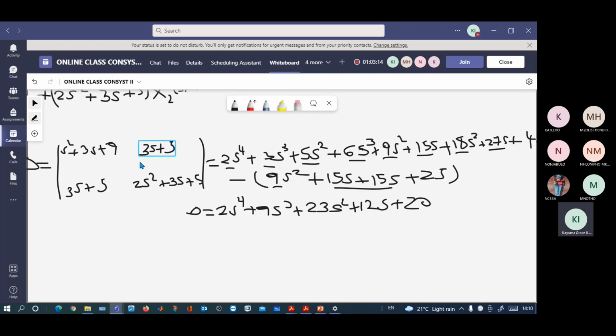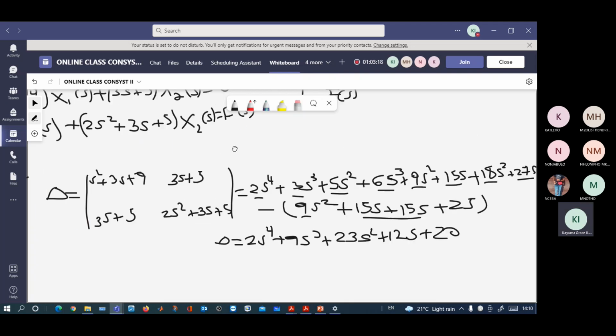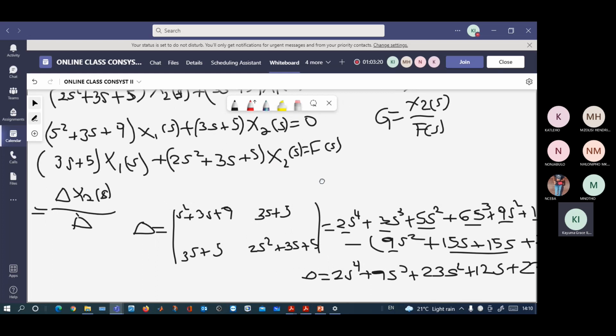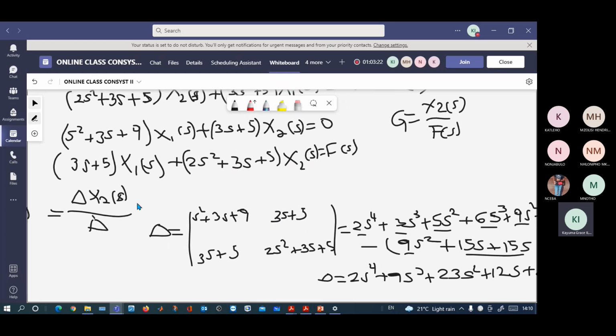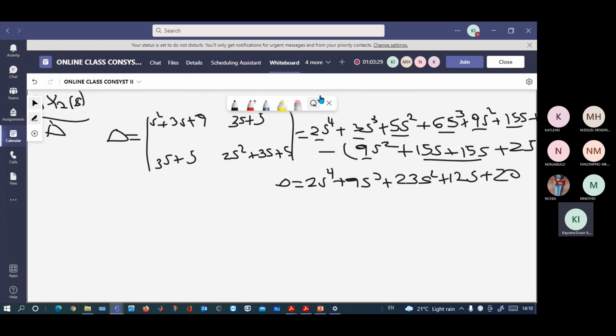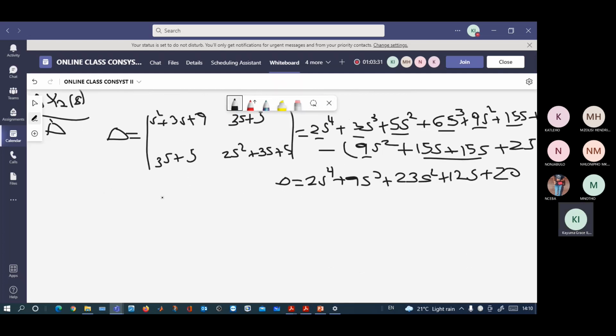Let's find now delta x2. When we go back to the equation, we're going to consider delta x2: we take this for x1 and this one there.